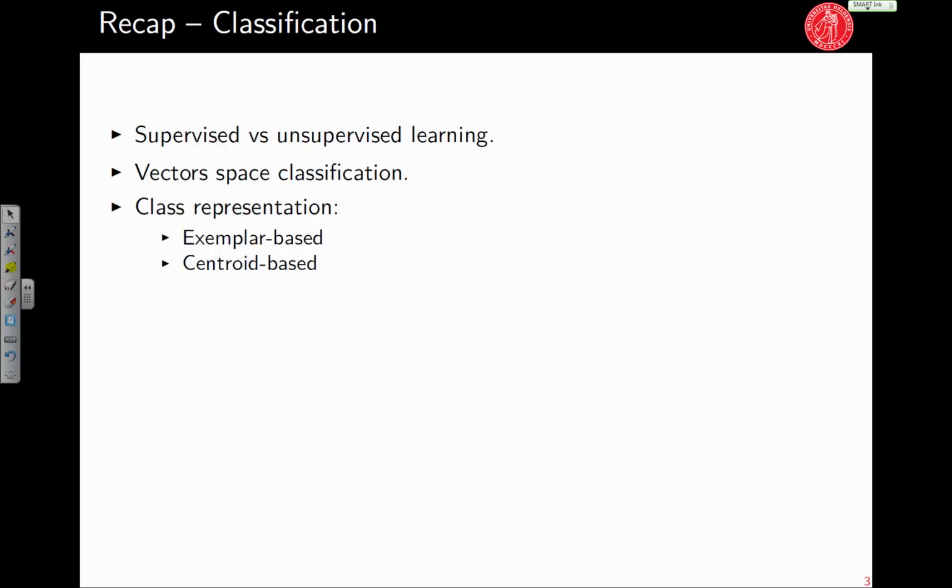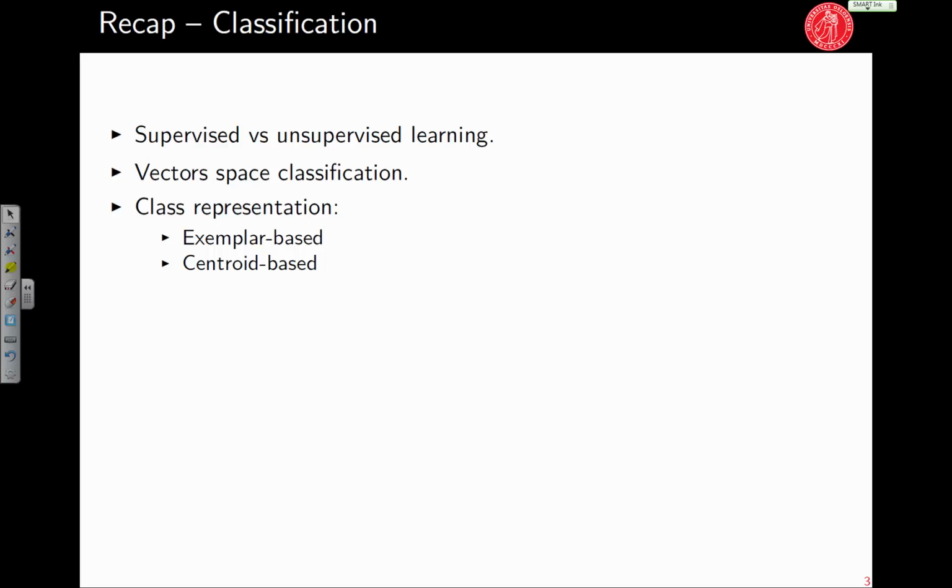We don't compute anything new. And the other one was centroid-based, where we compute an average vector of all the members of the class itself, sorry, and that would be our centroid or our prototypical representative of the class.